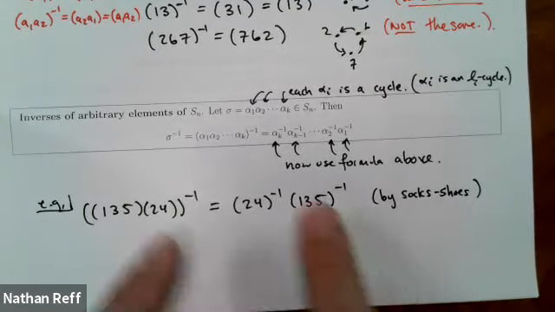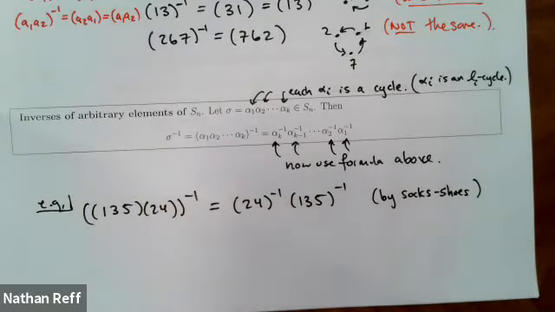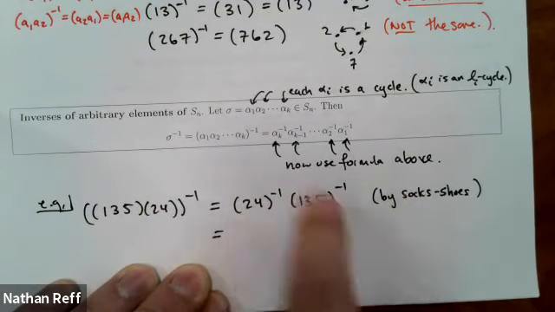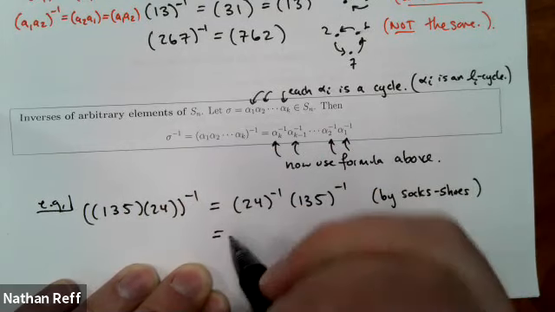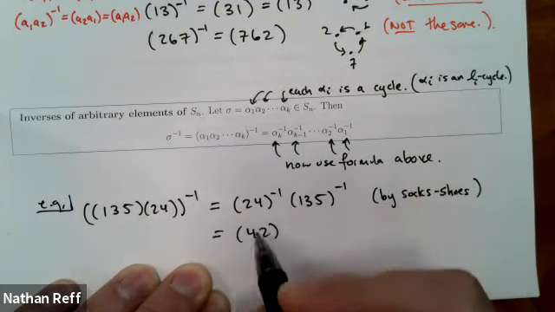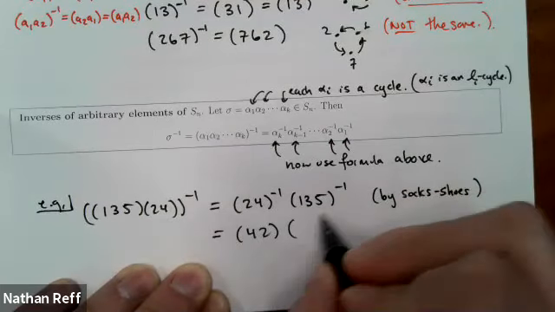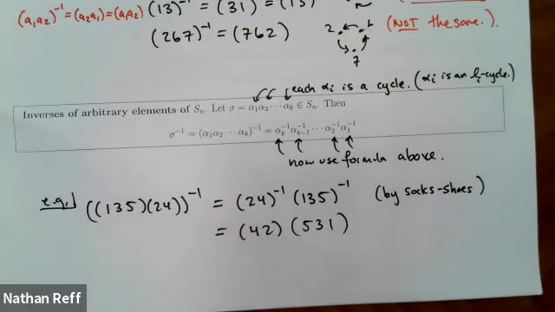Are we okay with that? I'm not writing it here, but it's not a bad idea to write it so that way I know what you're actually doing. Then, using the formula above, these are n cycles, so just write them in descending order instead of ascending order. This one would be (4 2), which is the same thing as (2 4) because that's a transposition, and this one would be (5 3 1). And honestly, that's it. That's your answer.